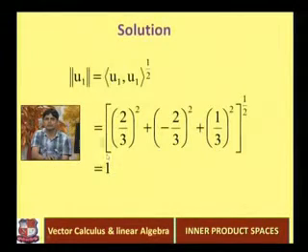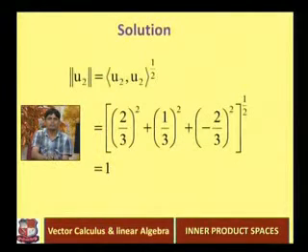So we have seen that vector u1 has norm 1 and is orthonormal. Similarly we prove it for u2: the norm of u2 equals the square root of the inner product of u2 with u2, which is the square root of (2/3) square plus (1/3) square plus (minus 2/3) square, that is nothing but 1.